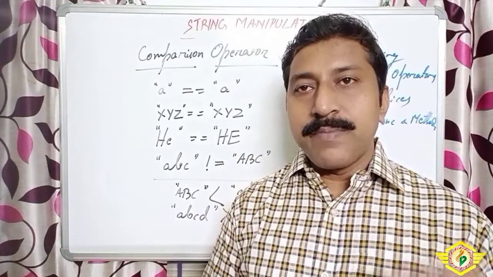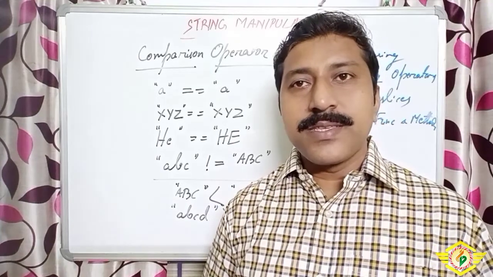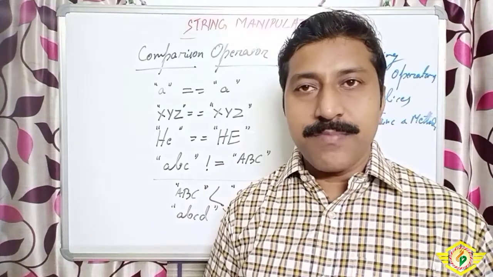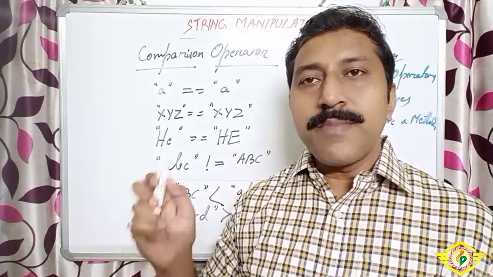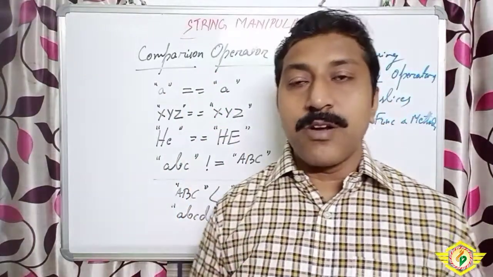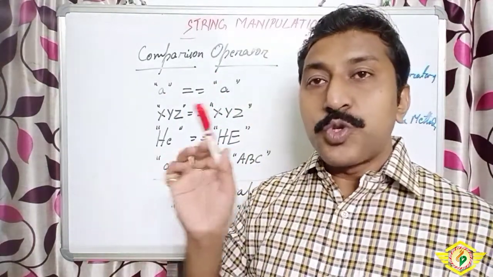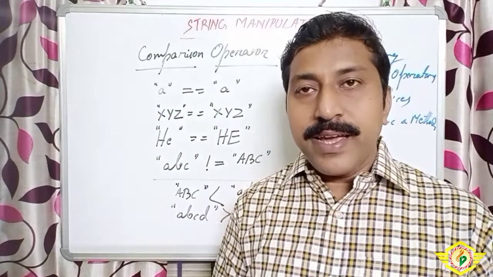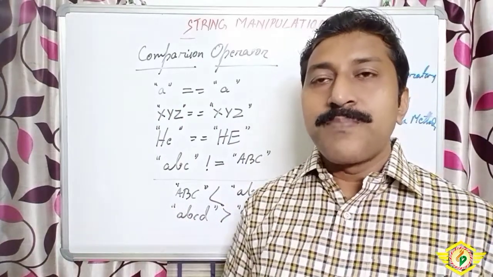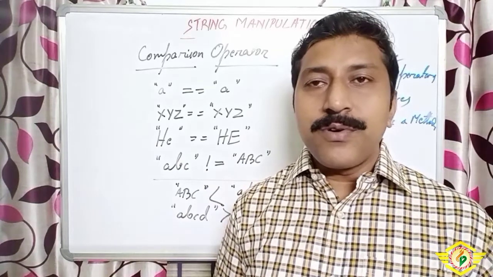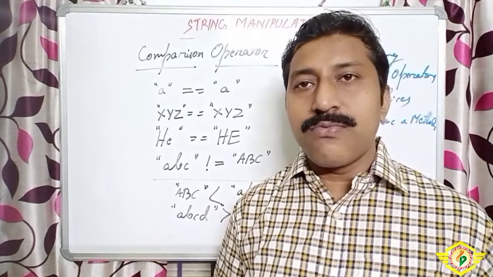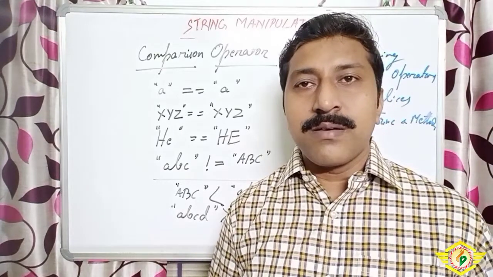But remember, I have already told you, it is case sensitive, so you have to take care of this one. In case of comparison operators, two strings will be checked alphabetically from the index, from the first position to the last position. But before that you have to know about the ASCII code of the characters.